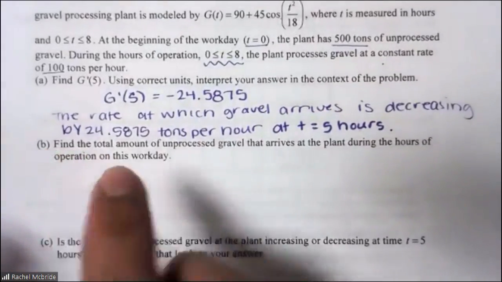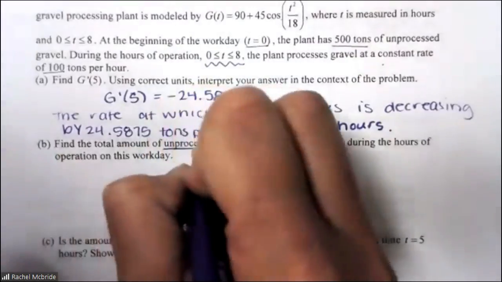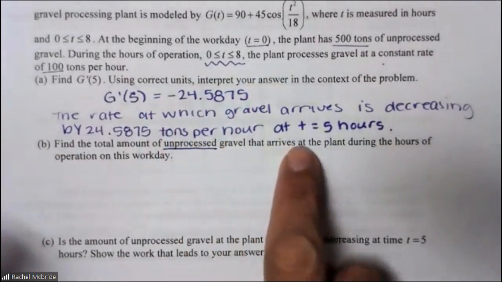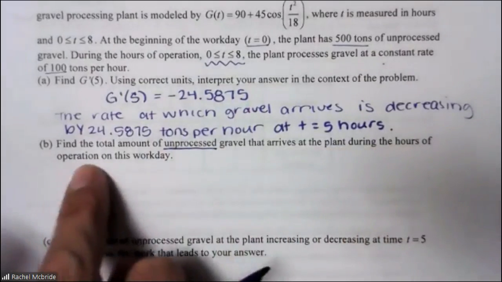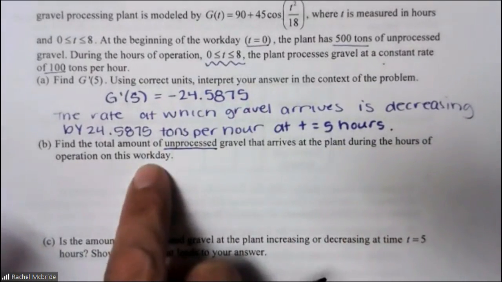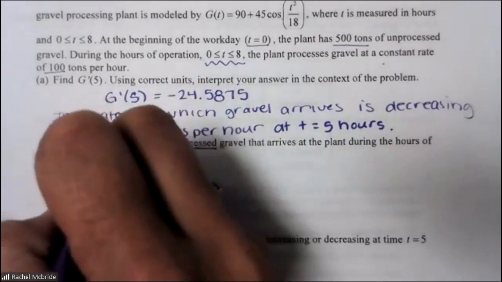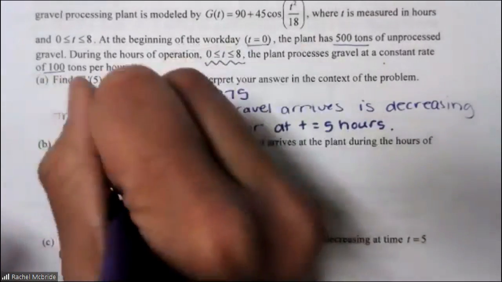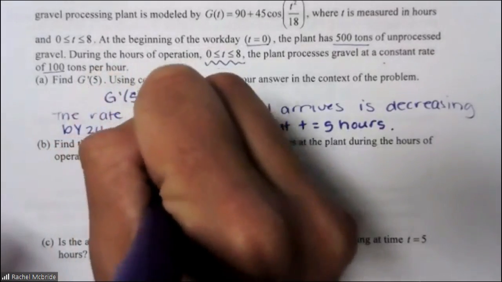Part B, find the total amount of unprocessed gravel that arrives at the plant during the hours of operation on this day. So that's the opposite direction now. That's 0 to 8 of G of T dt.